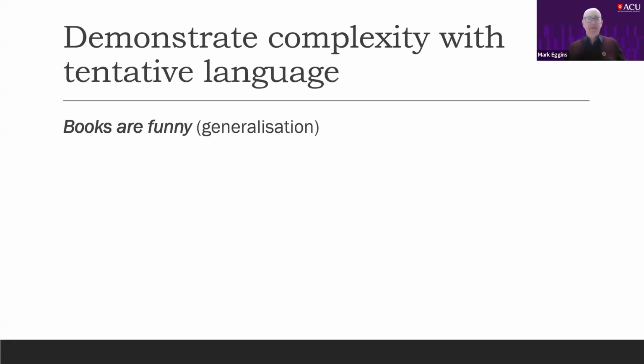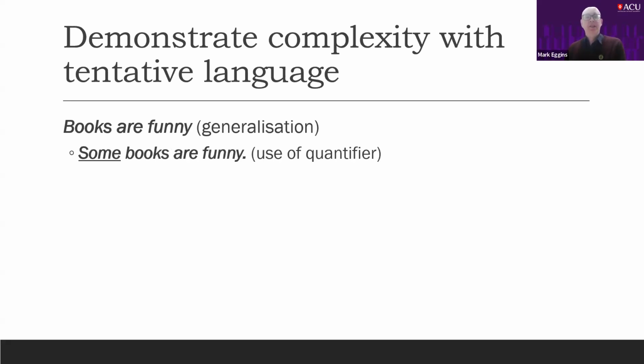All right. Now, I also talked about complexity, okay? In that case, you've got to be careful with generalizations. We can see something that says "books are funny," all right? Just a silly example, but there are many different kinds of books. They're not all funny. That's just the truth. So how can you show that complexity about books, how certain or uncertain you are in terms of what you're trying to say about books?